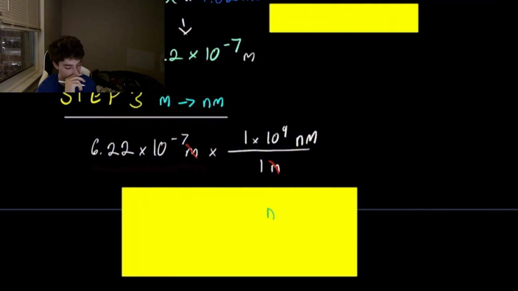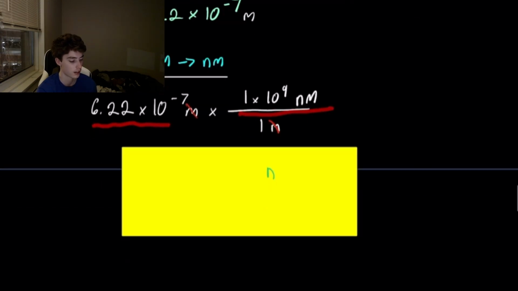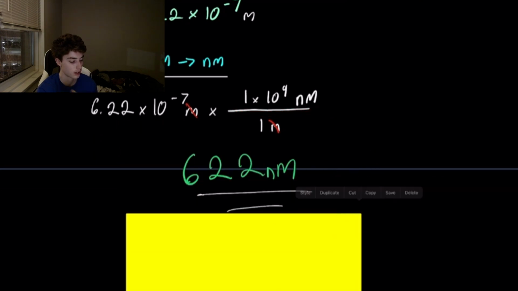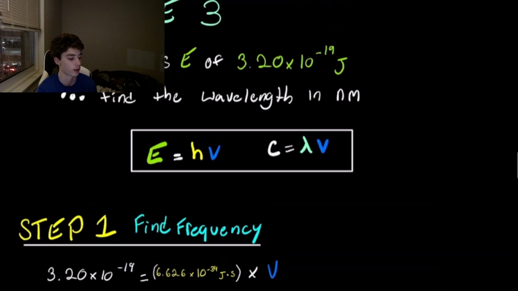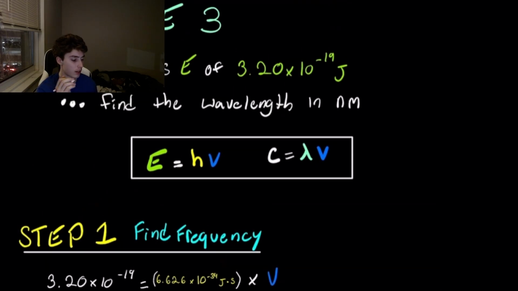It's 1 times 10 to the 9th nanometers. Meters cancel each other out because we're solving for nanometers. So we multiply 6.22 times 10 to the negative 7th times 1 times 10 to the 9th, and we end up with 622 nanometers. That is the wavelength of a photon that has the energy of 3.20 times 10 to the negative 19th joules.